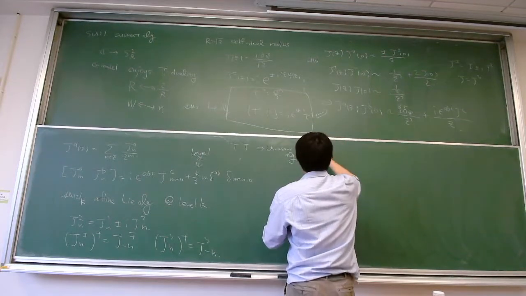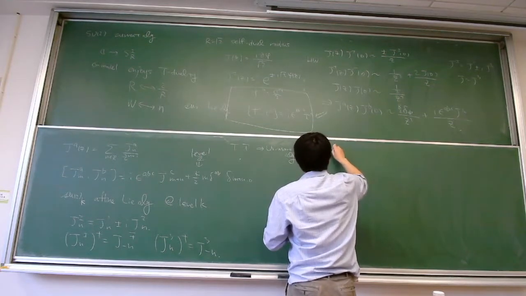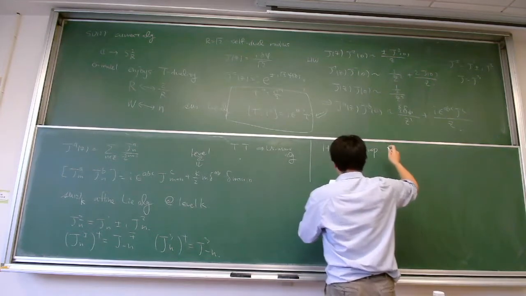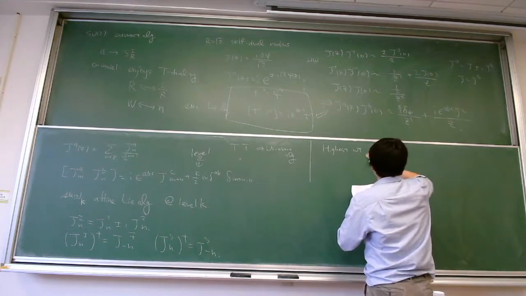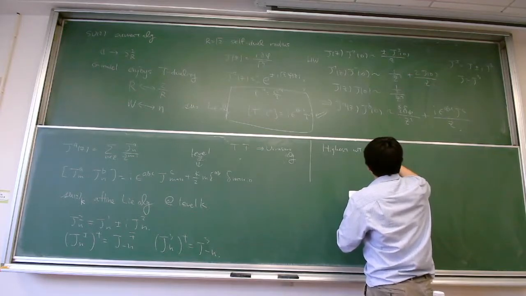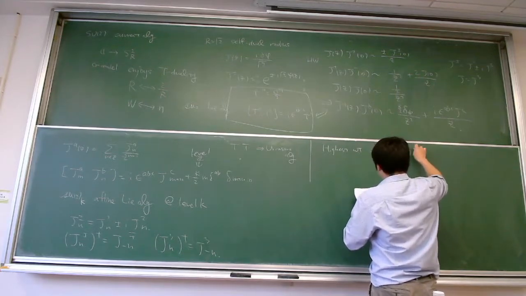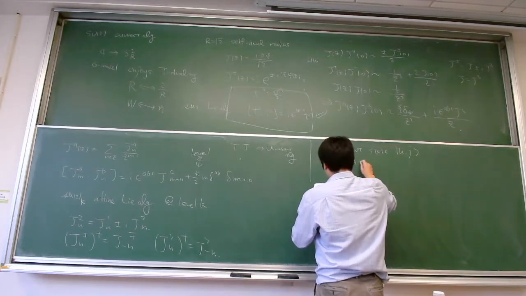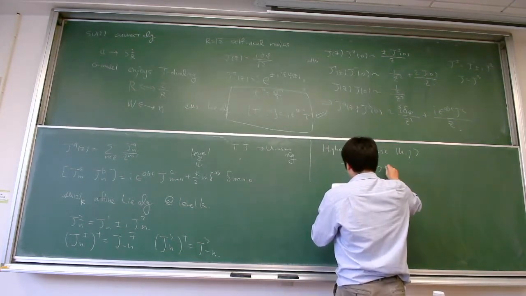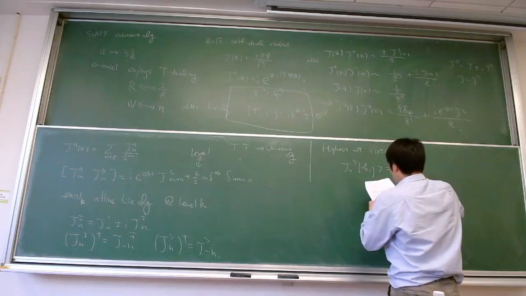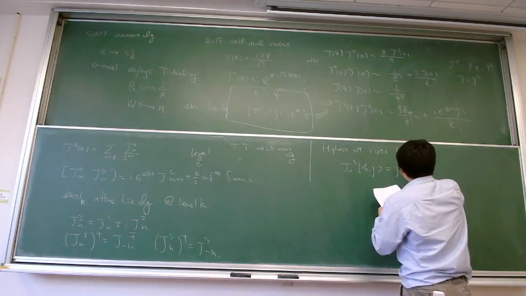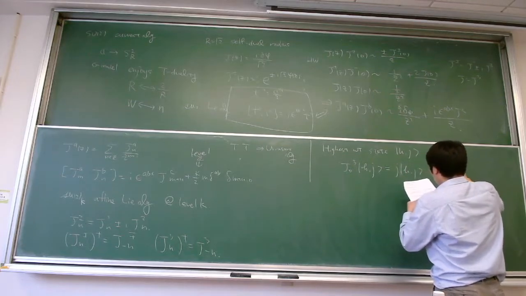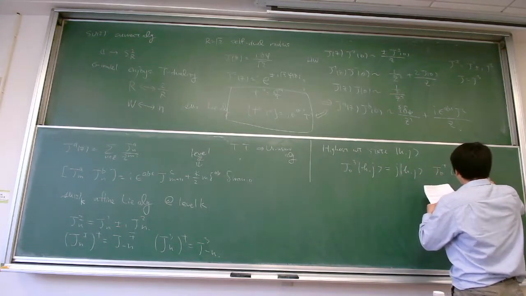The highest weight representation, or states, h_j, is defined as follows: J0^3 acts on h_j equal to j h_j, and J0^plus acts on h_j equal to 0.